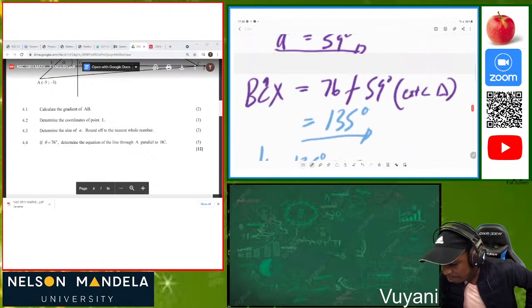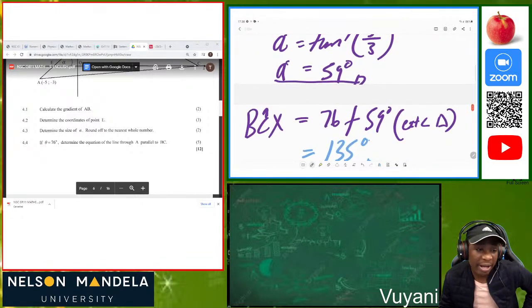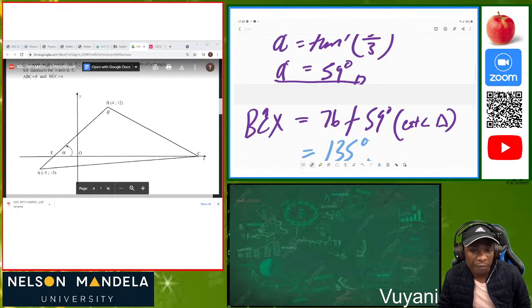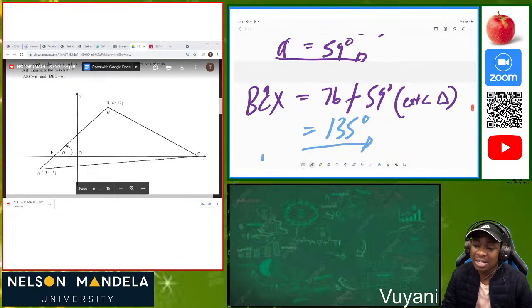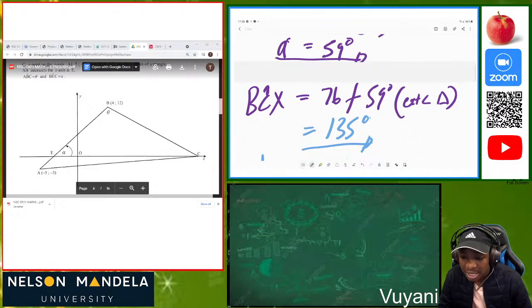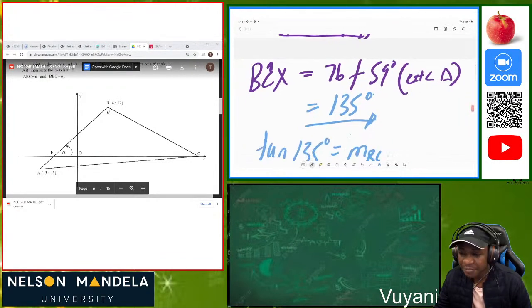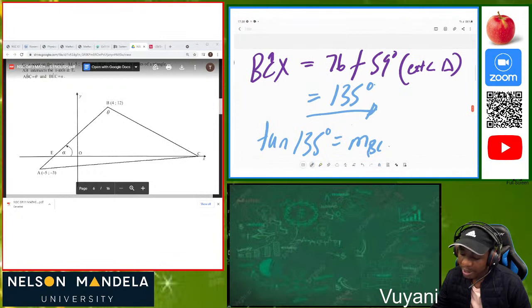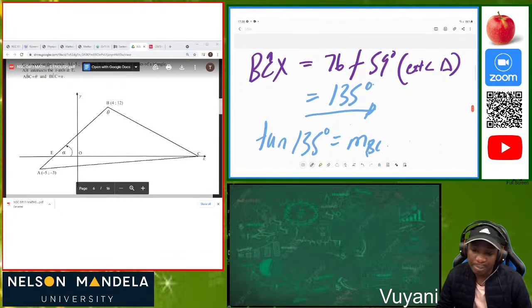So just to recap with you guys, initially we started by calculating the angle of that line BC so that we can determine its gradient. We calculated that angle and we figured that it's going to be the exterior angle of the triangle. Having found that it's 135 degrees, we were able to calculate the gradient of BC.